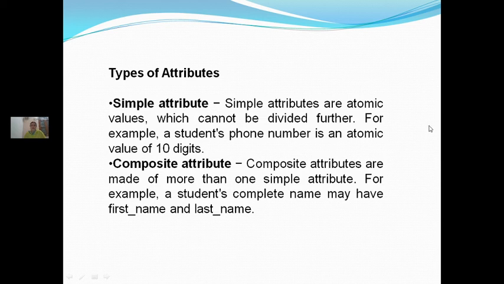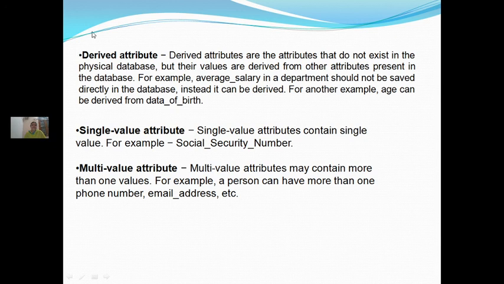The next type of attribute is the derived attribute. What are derived attributes? Derived attributes are attributes that do not exist in the physical database, but their values are derived from other attributes present in the database.